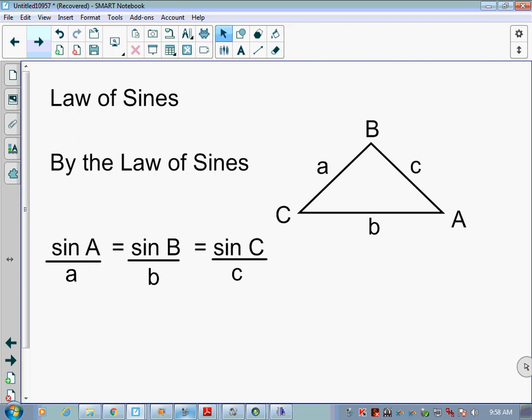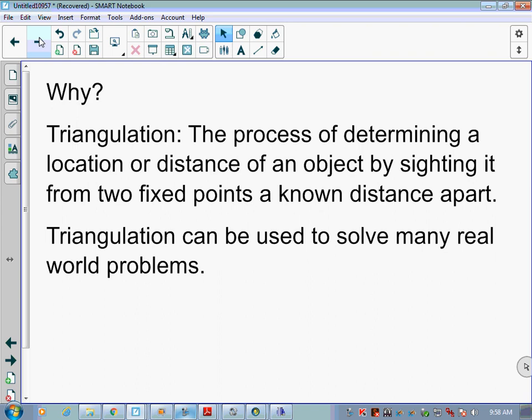If you're asking why would I ever do this, we're going to get some word problems in a little bit. One use is triangulation. The process of determining a location or a distance of an object by sighting it from 2 fixed points a known distance apart is called triangulation.